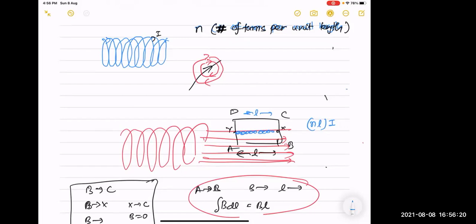I have taken a rectangle on this. Now how many loops will pass through it? As much as the length of the rectangle, into the number of turns per unit length, into I. Okay, got it.